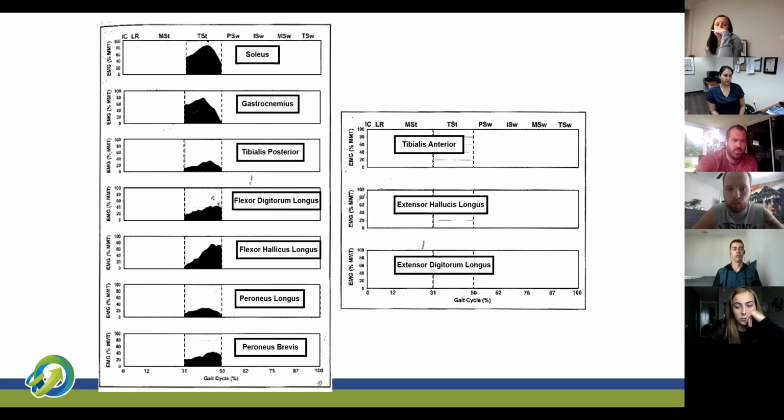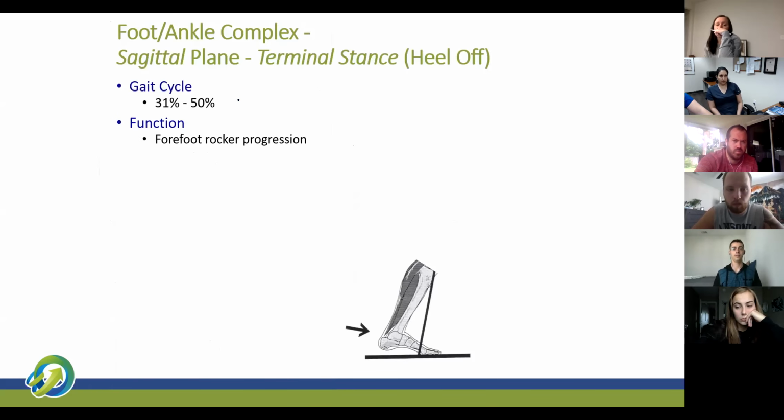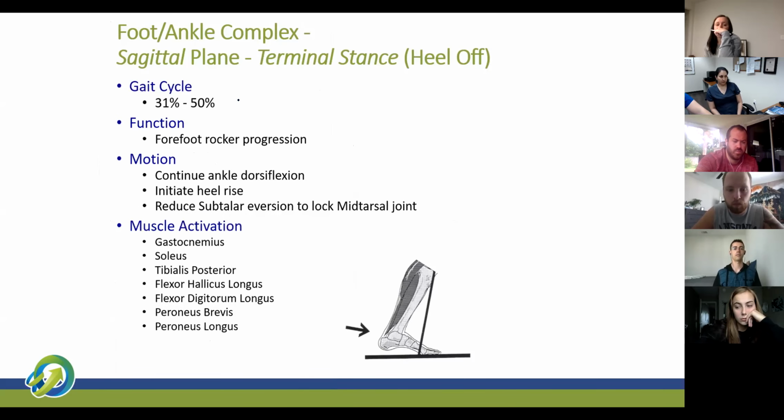What we want you to know is which muscles are acting during this terminal stance phase of gait, and to understand that they're still acting essentially eccentrically until the toe comes off the ground, basically.